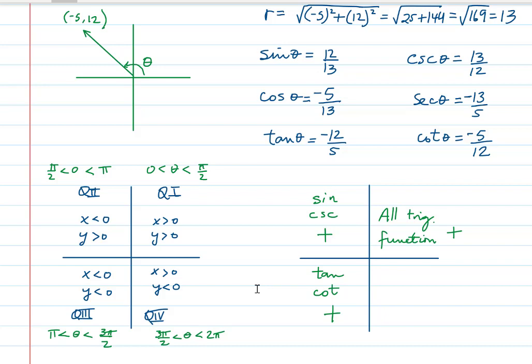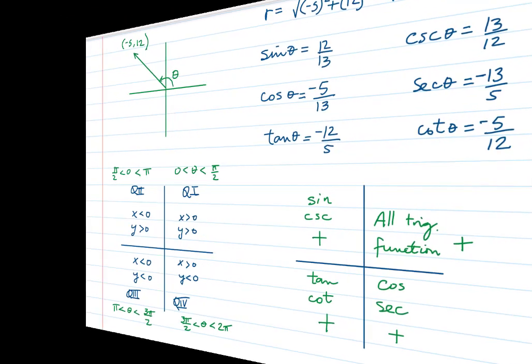And then finally, on the fourth quadrant, cosine and secant are the ones positive. So notice how, with the exception of the first quadrant, where all 6 trig functions are positive, only 2 out of the 6 are positive on the other 3 quadrants. It's understood that the other 4 on any given quadrant will be negative. Okay.